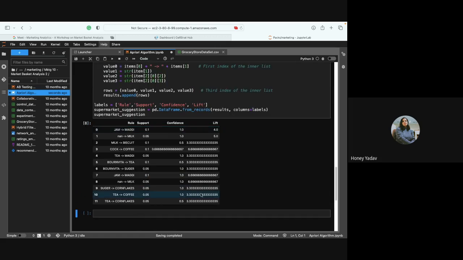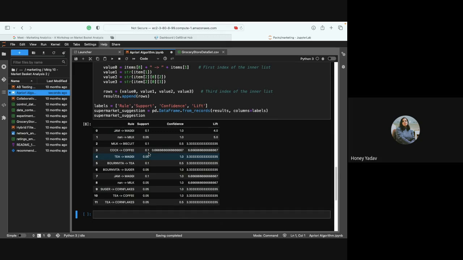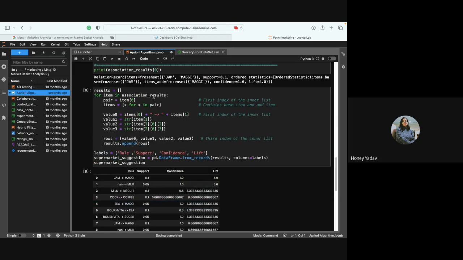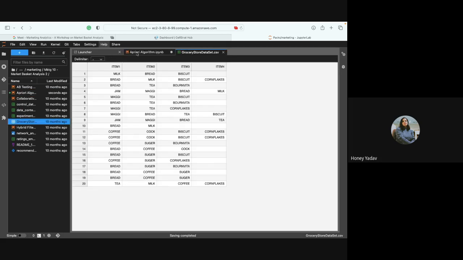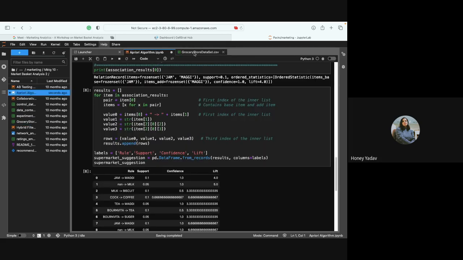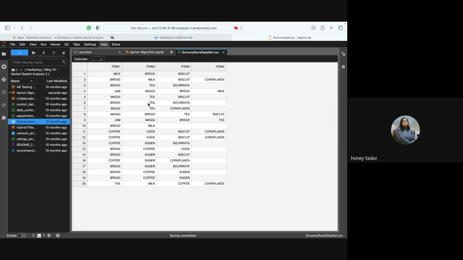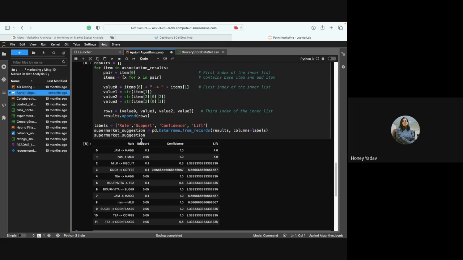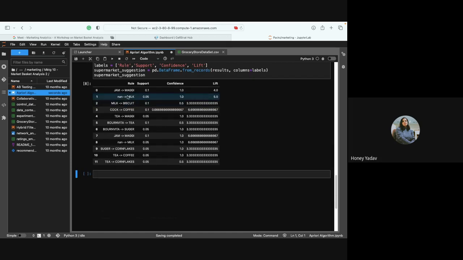So here, this is the important part, because all the technical requirements are already covered in this algorithm. You need to just put in your data and run the algorithm. Make sure that the data is structured in this form, so that you do not run into any kind of error. If you see here, we are getting lift values greater than 3, and the maximum lift value is 4.